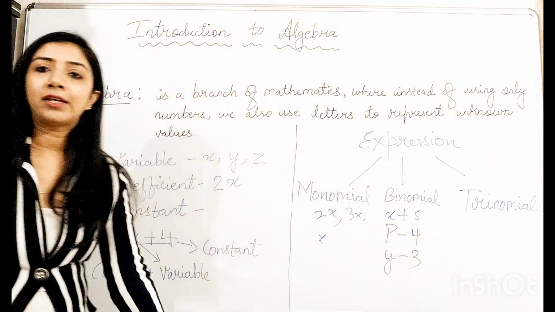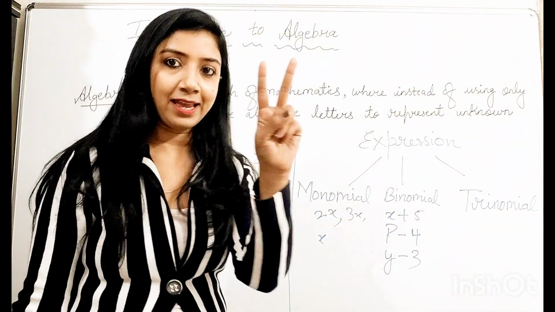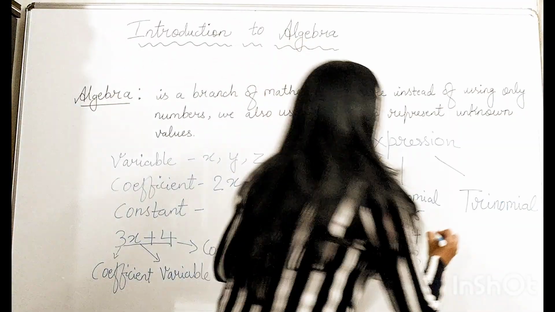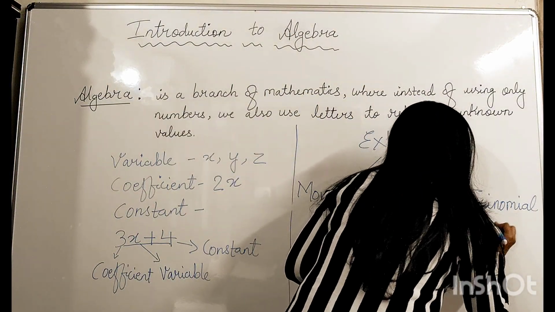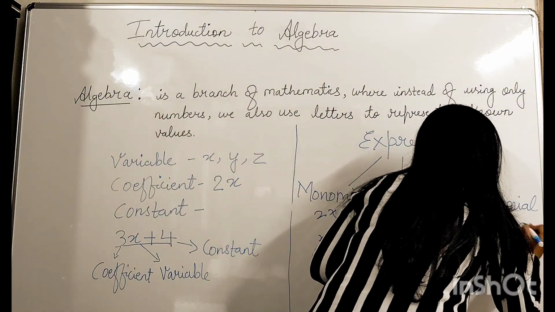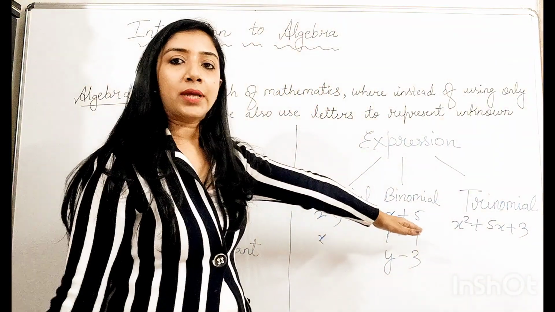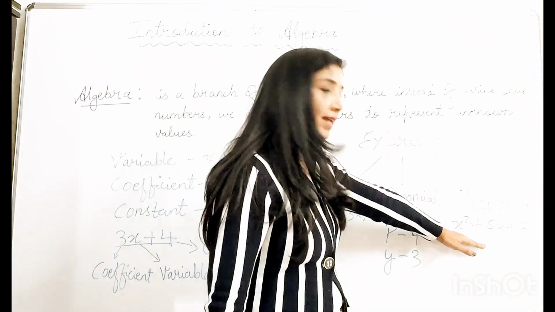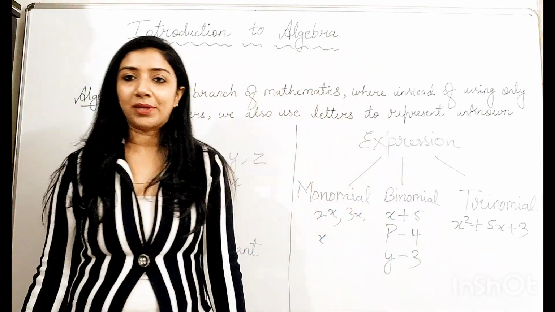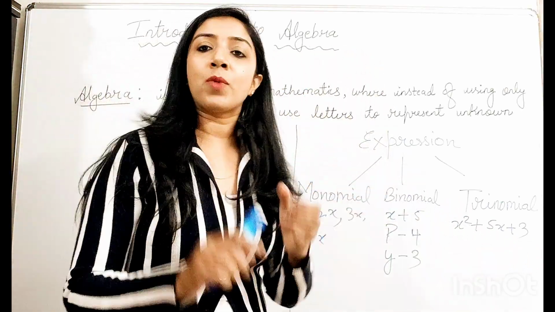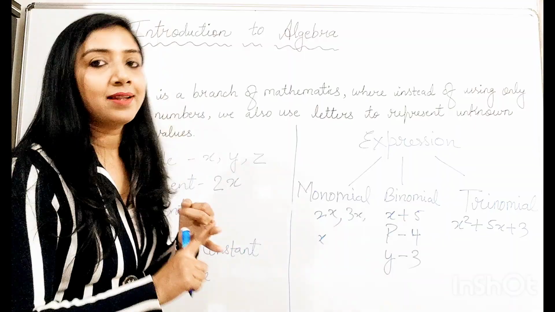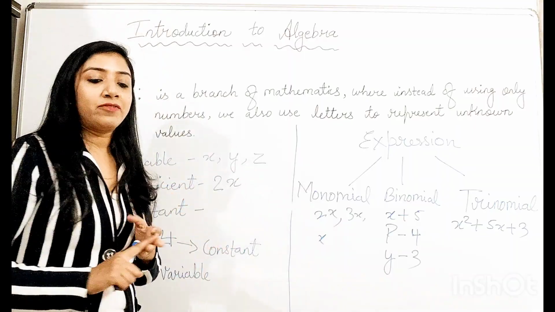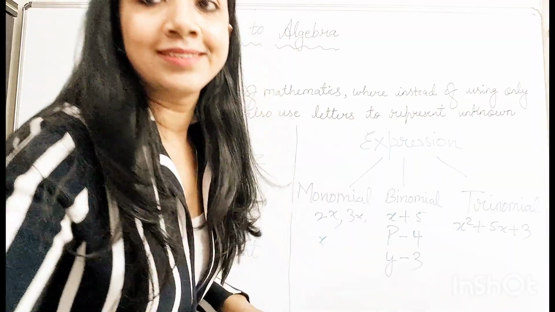These are all binomial where two terms are there. For trinomial, we can write x square plus 5x plus 3. So here clearly you can see we have three terms: x square, 5x and 3. So this is called trinomial. So this is clear to everyone, what is monomial, binomial and trinomial. So can we start the next topic now?